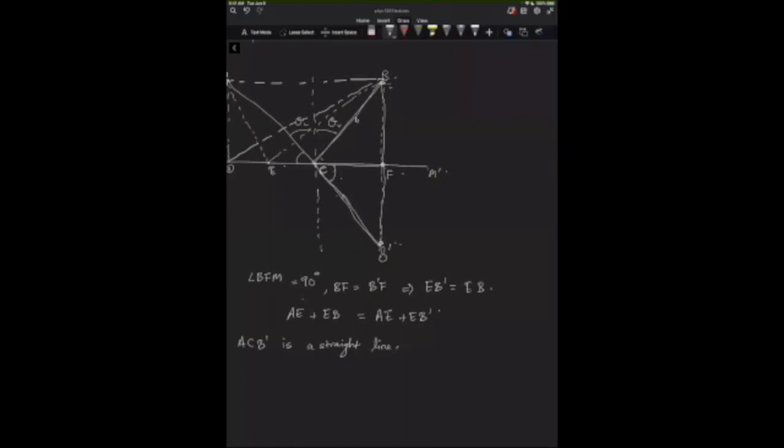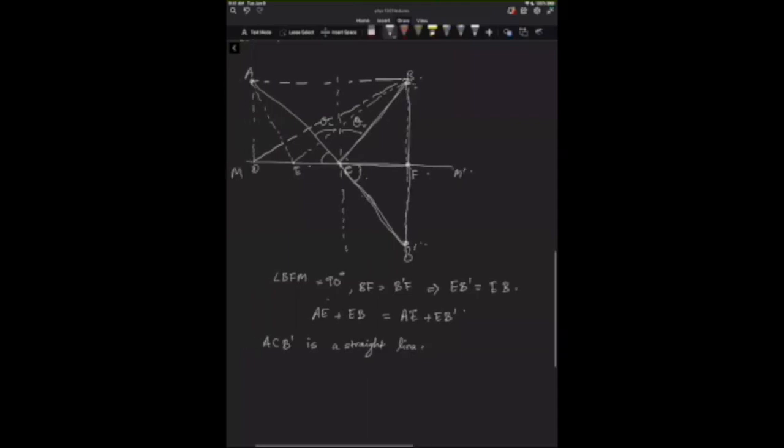By construction, those two triangles are symmetric. In fact, they're what are called similar triangles, right? Because of that, this angle and this angle must be the same.